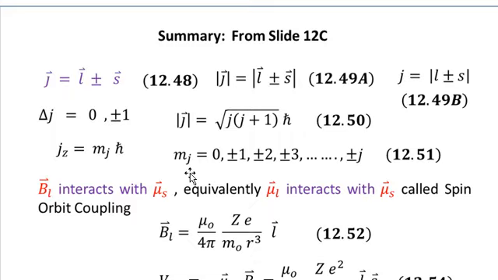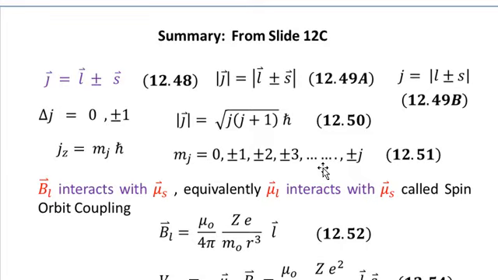The allowed values of mj will be equal to 0, plus minus 1, plus minus 2, plus minus 3, and so on up to plus minus j. So in the absence of the magnetic field, the J values will be degenerate. But when you apply the magnetic field, then in the presence of the magnetic field, the J degeneracy will be lifted, and the splitting due to the magnetic quantum number mj will appear.